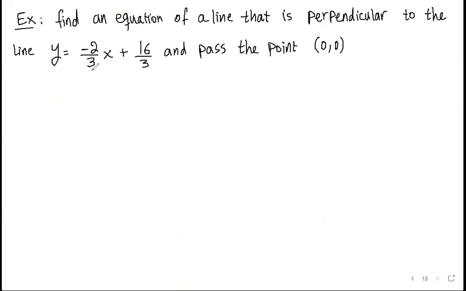This means the slope of this one is the negative reciprocal of the slope of the original equation. So first, I have the point. Always, when you're looking for an equation, you have to find a point and a slope. The point is 0, 0. The slope comes from the perpendicular line.